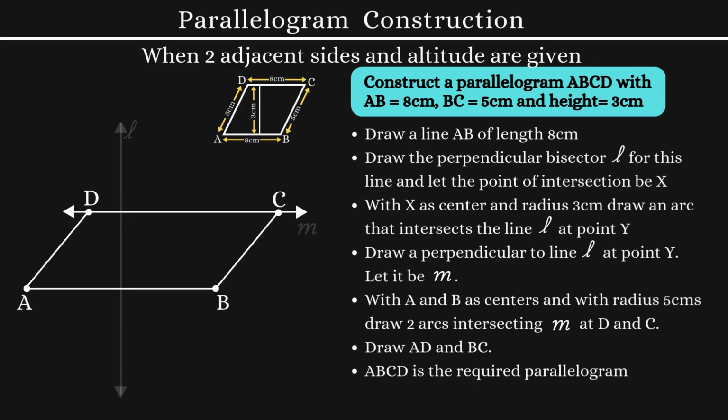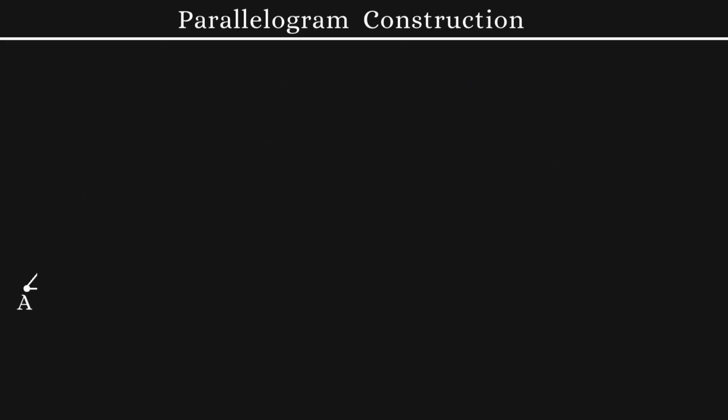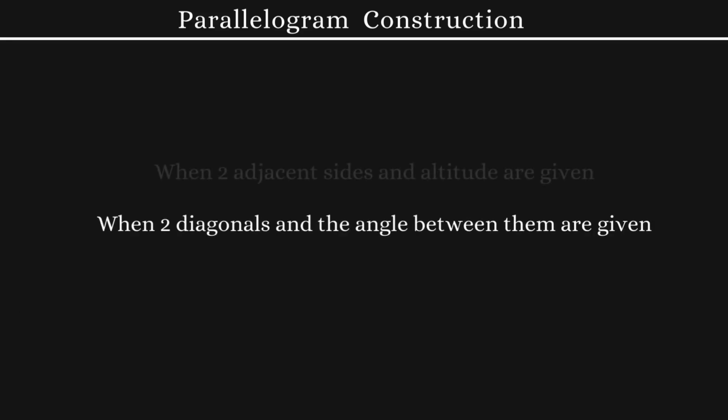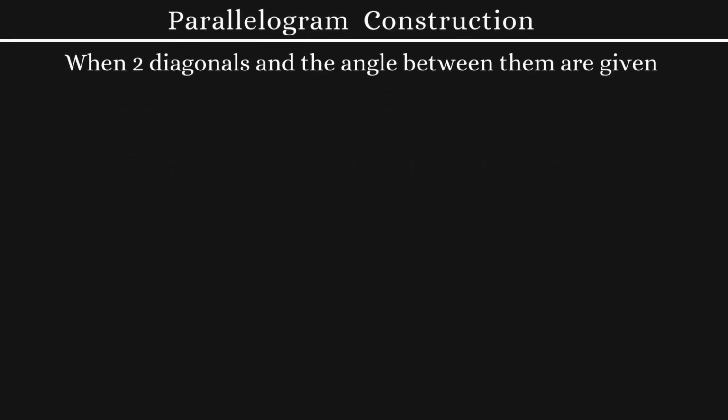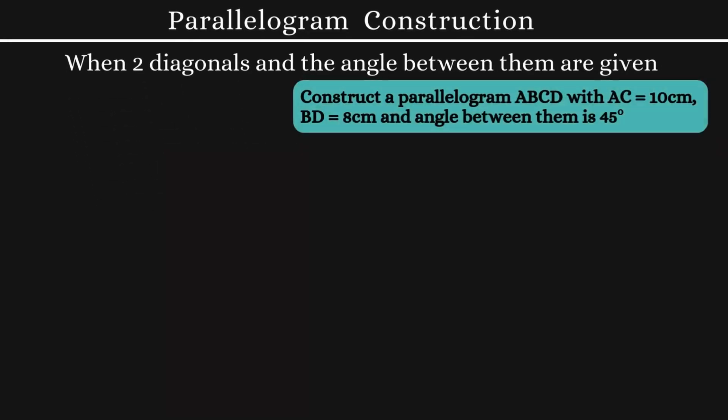With this understanding, we'll move on to the next category. Constructing the parallelogram when two diagonals and the angle between them are given. Construct a parallelogram ABCD where AC is equal to 10 cm, BD is 8 cm and the angle between them is 45 degrees.